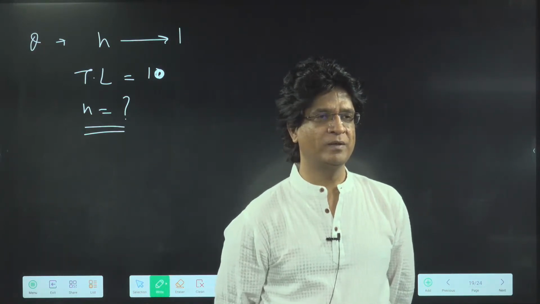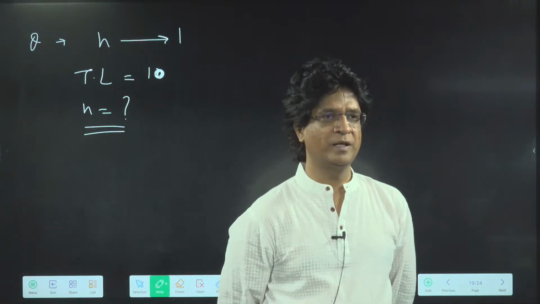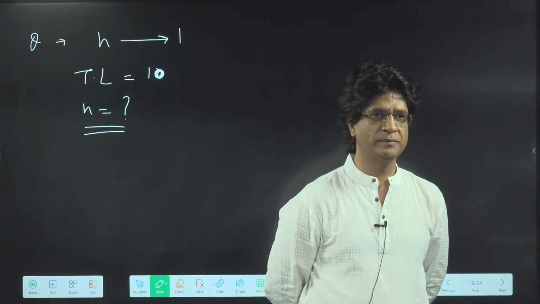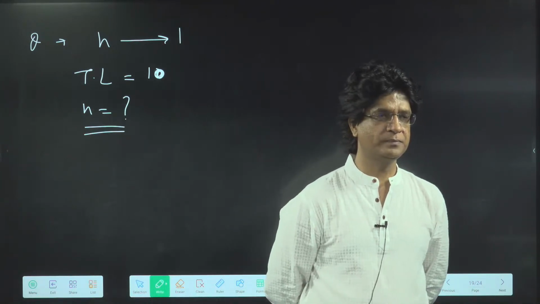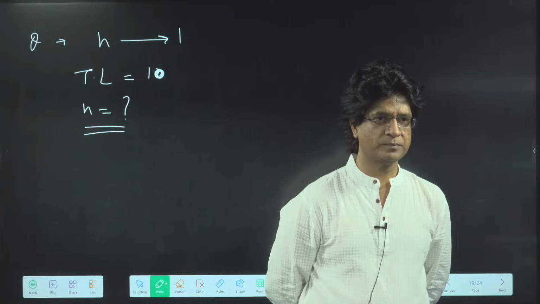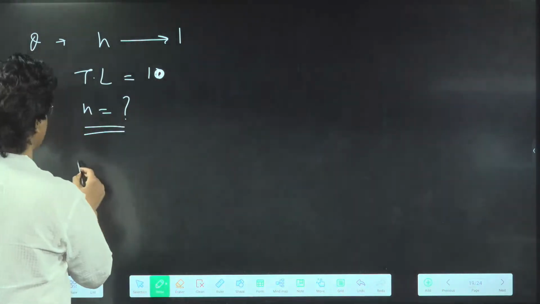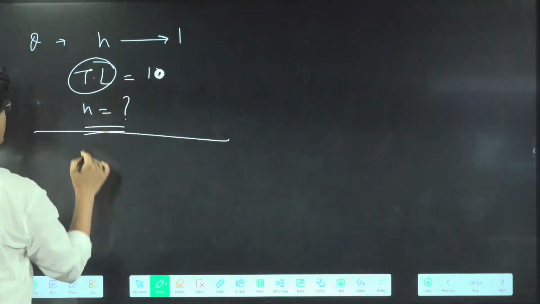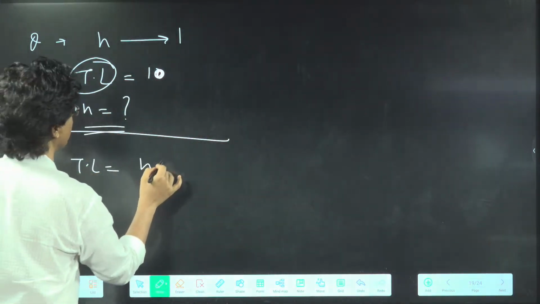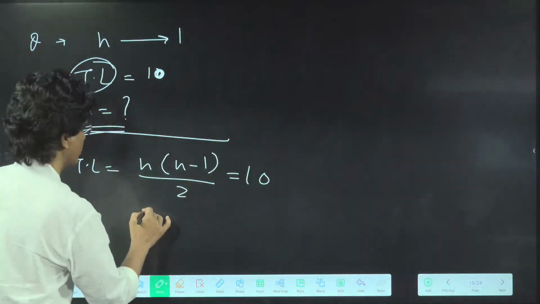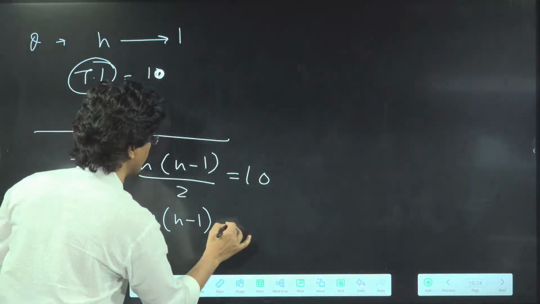Niharika, Deepthi have given answers. See, I'll share a trick with you. I know that the total number of lines formed is n into n minus 1 upon 2. This is given as 10. So n into n minus 1 is equal to 20.